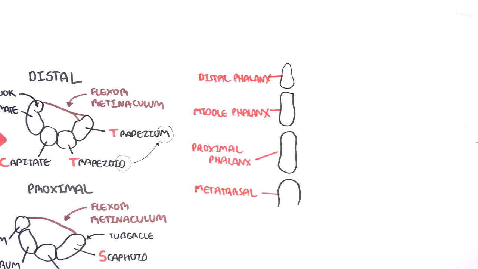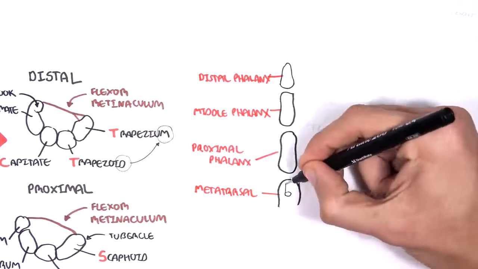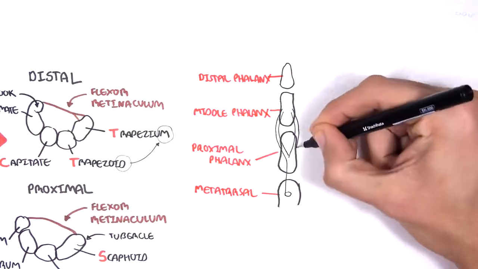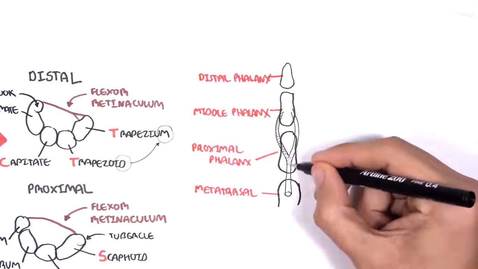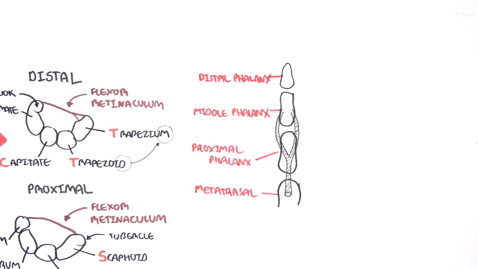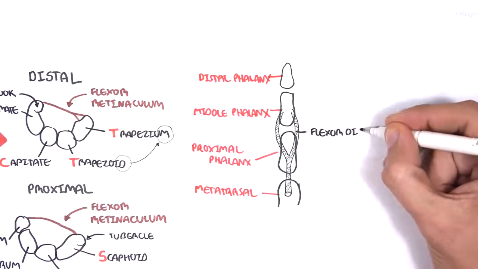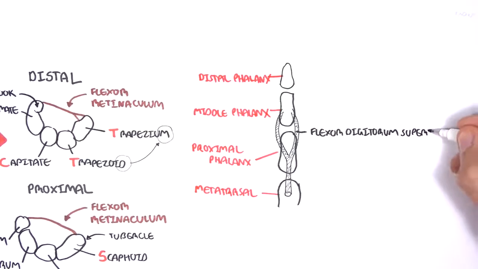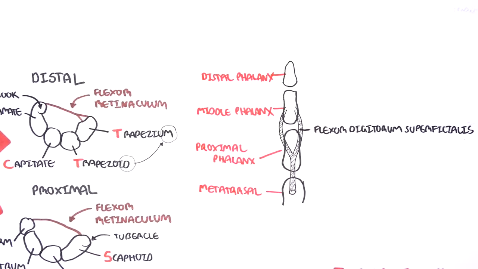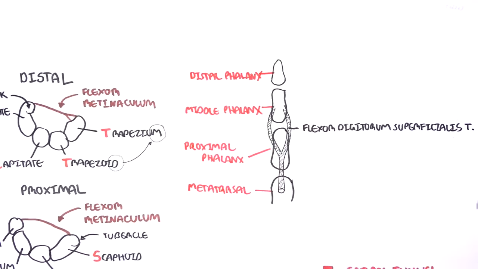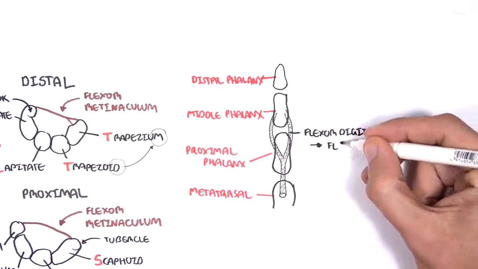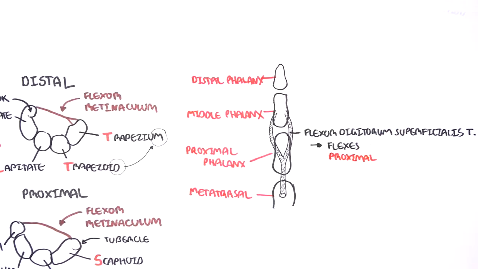Now, remember the tendons that run under the flexor retinaculum? Well, this is where we talk about some of those tendons and where they attach on the finger. The flexor digitorum superficialis tendons run towards the proximal phalanges, then bifurcate and attach to the middle phalanx. And so we can say that the flexor digitorum superficialis tendon flexes the proximal interphalangeal joint.